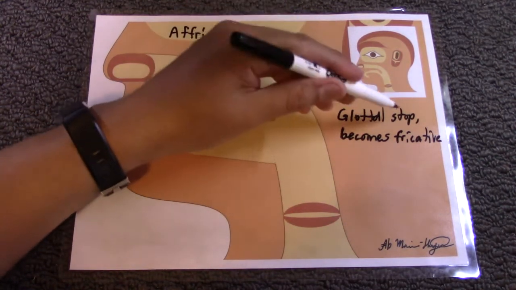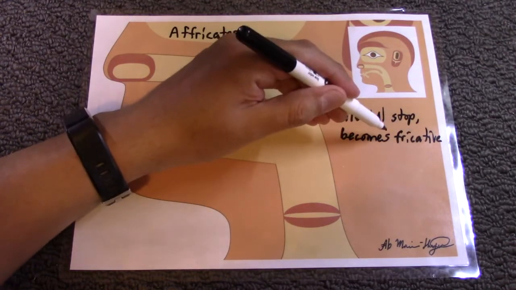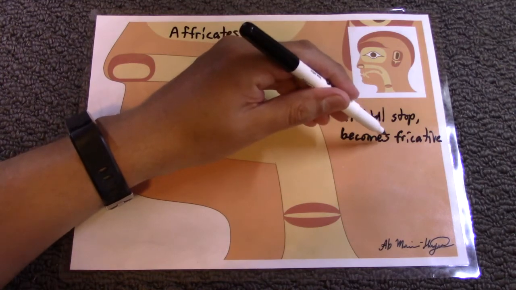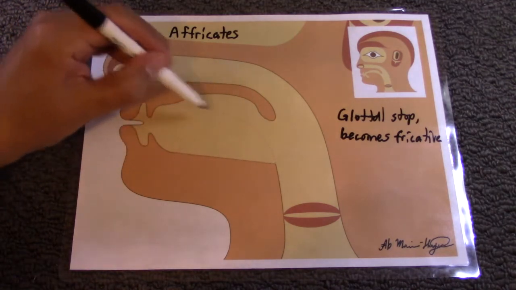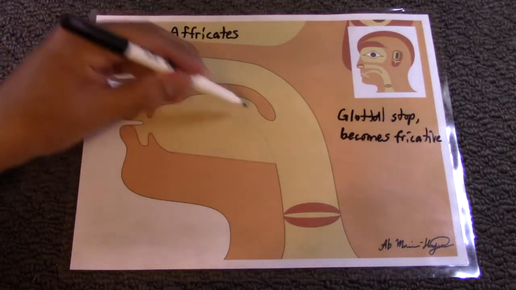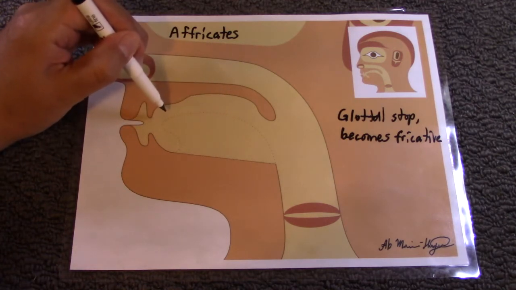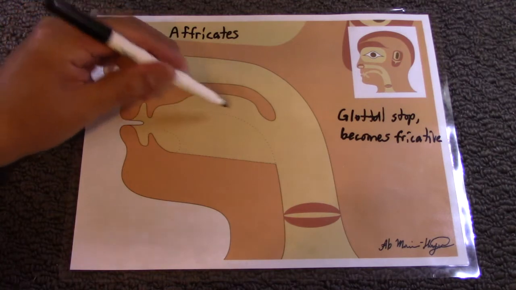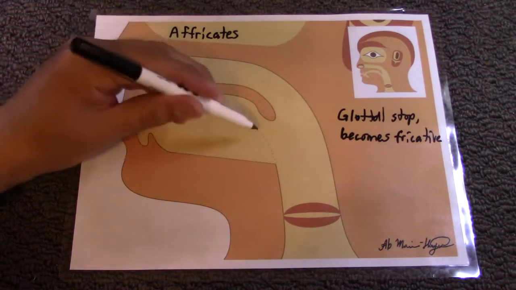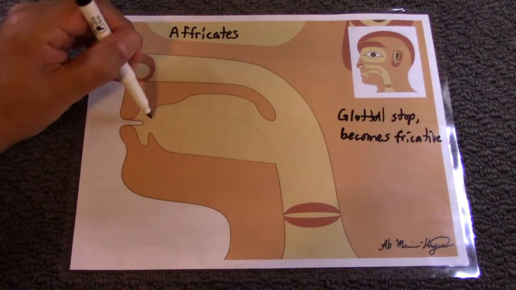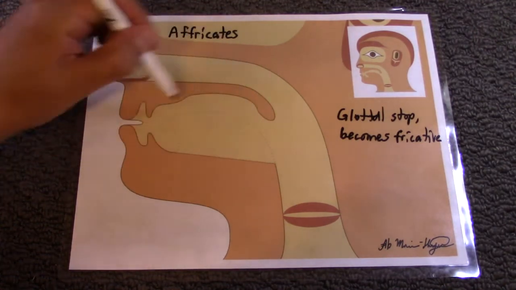So that's what the glottal stop refers to. So that's how the sound starts. And then it becomes a fricative, which means that you're closing part of your vocal tract. Not completely, but closing it part way. And that's forcing air to come out through a smaller space and producing what they call a fricative, which is basically caused by the air going through a smaller space and causing friction. So it's basically caused by turbulence because of the fact that it's going through a smaller opening.